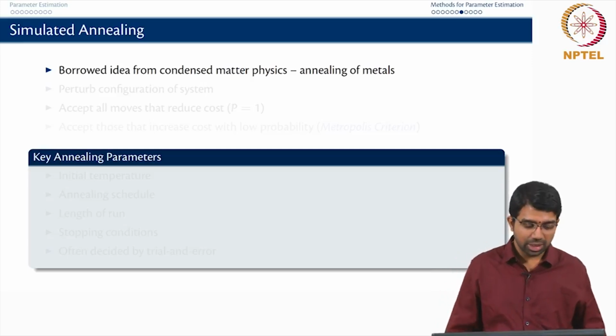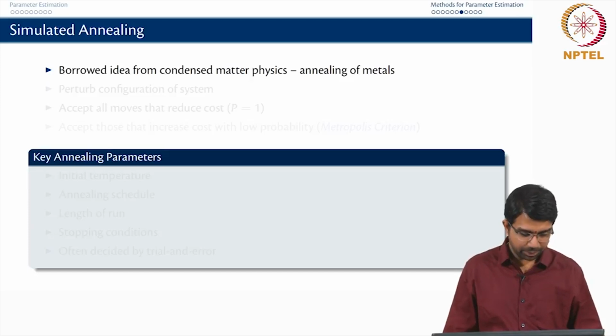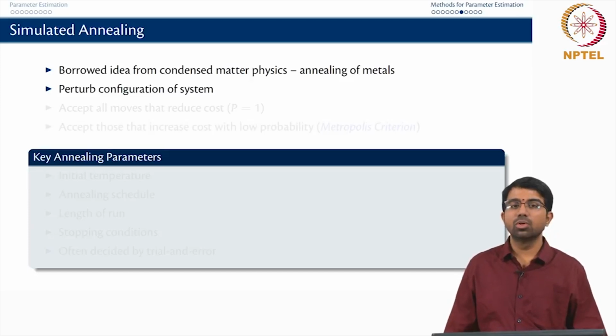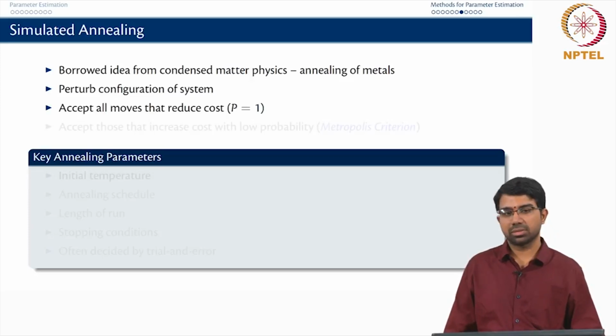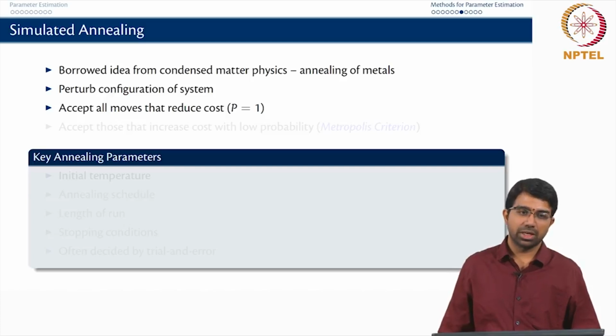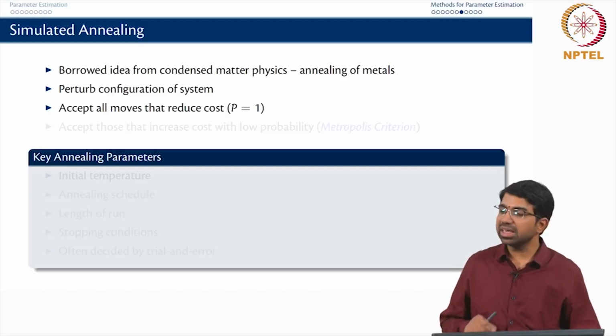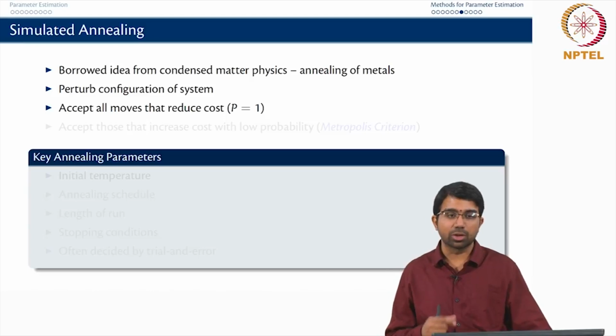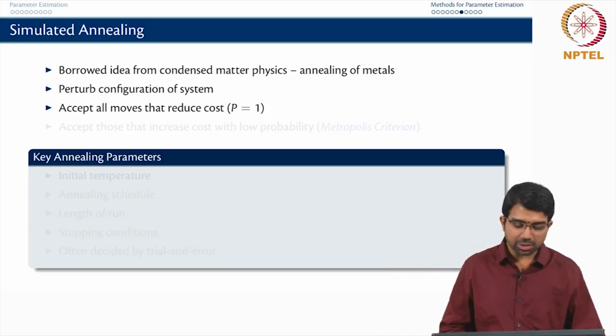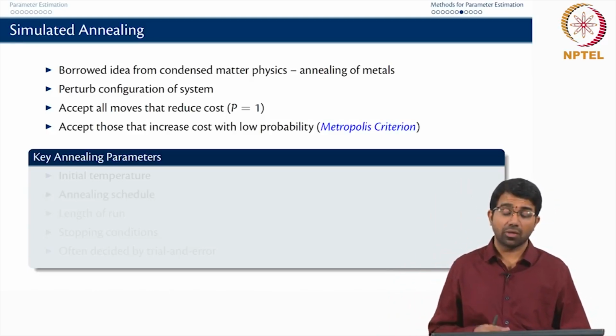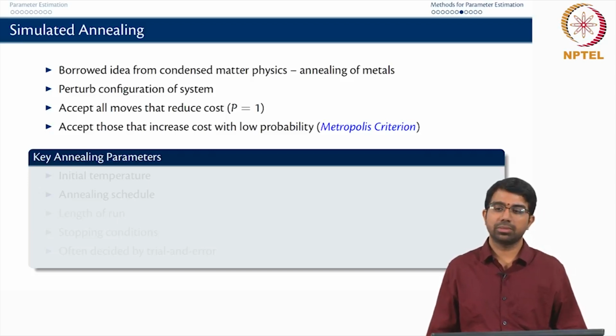So, how does it work? The key idea is you perturb the configuration of a system and you accept all moves that reduce the cost. This is your classic hill climbing, no difference from hill climbing. But the key innovation, known as the Metropolis criterion, is that you accept a small fraction of the moves that increase cost, with low probability.